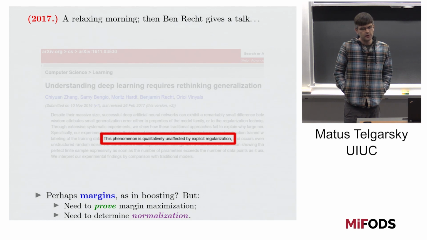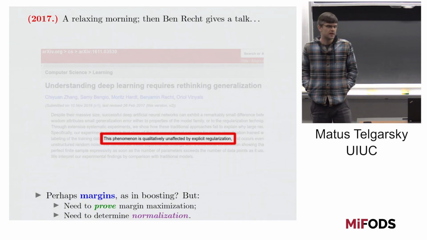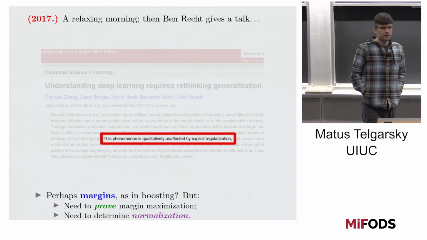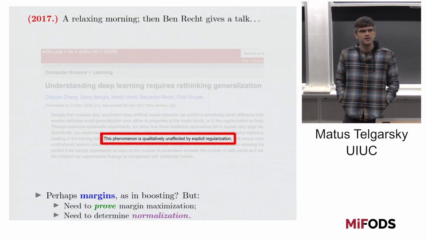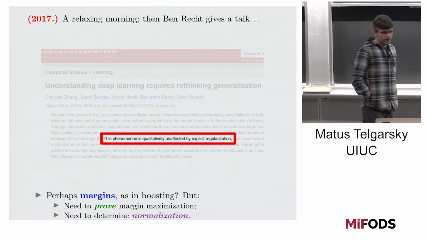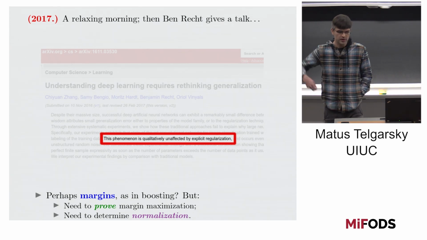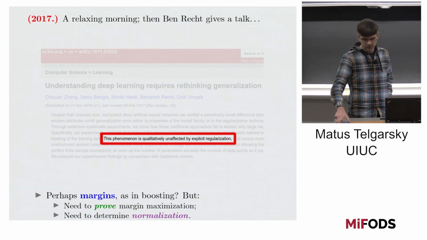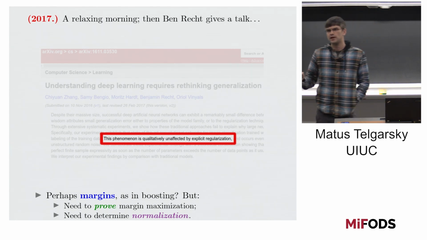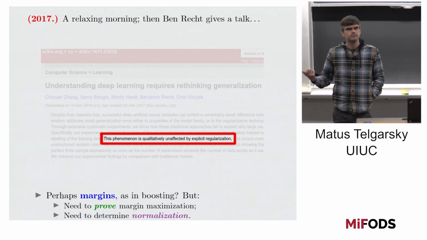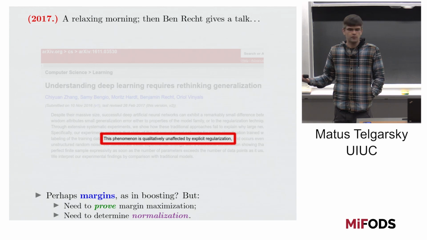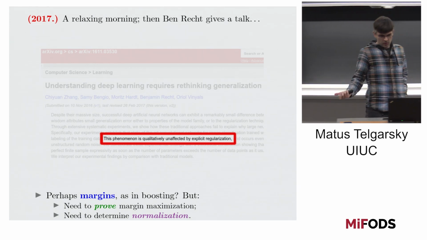If you do choose to try to resolve some aspects of this paper using margin theory, it's one of these situations where you solve a problem by introducing new problems that you haven't solved yet. In this particular case, if we wish to use margin theory to explain something about deep learning, first of all, we have to prove that we actually have a margin maximizing algorithm, which for gradient descent is still open.